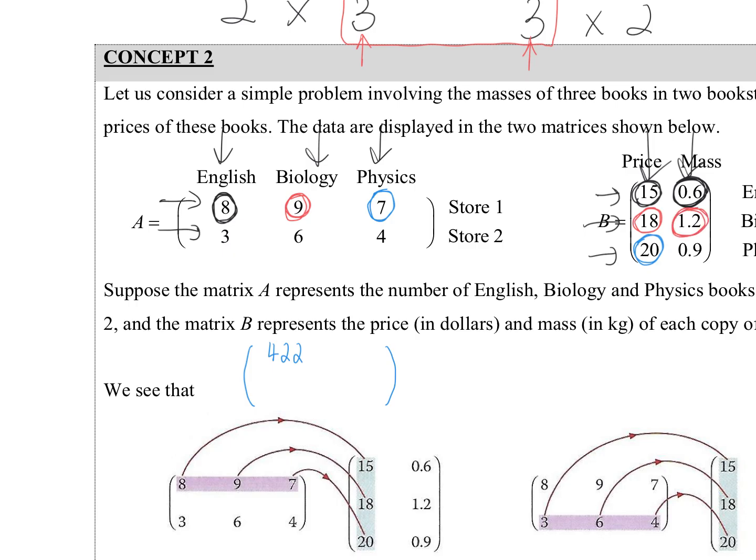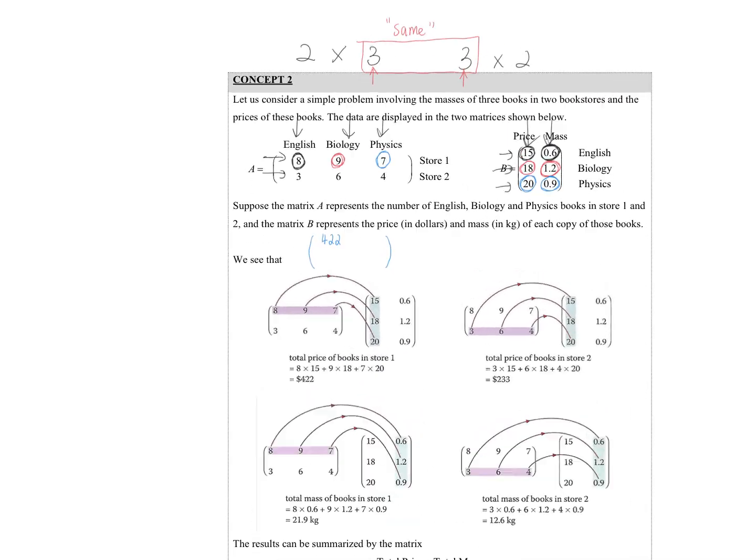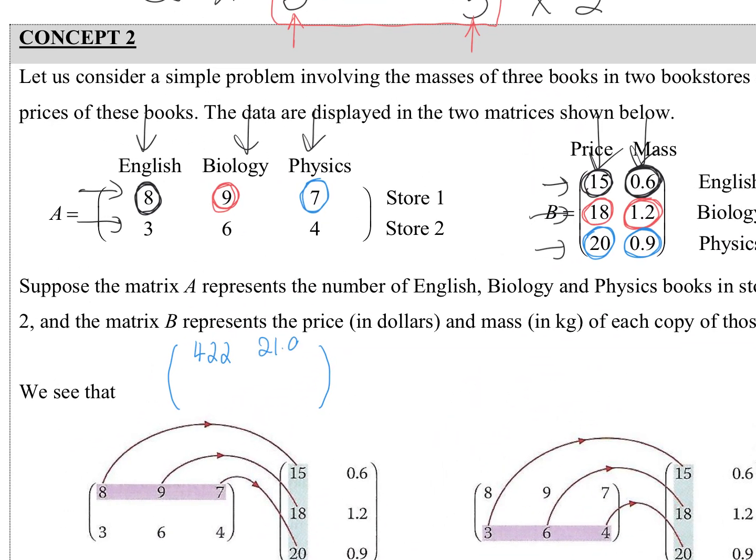And then I will use 7 to multiply by my 0.9. So I can find the total mass of these 3 books, and then I add it up. So the next entry I get here is 21.9. So this one tells me the total mass of my books in store 1.